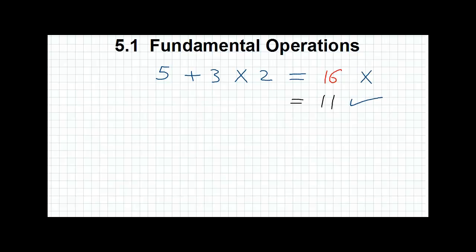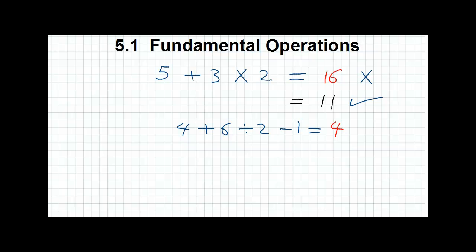We will see why. Look at this second expression: 4 plus 6 divided by 2 minus 1. What do you think the answer would be here? You may say 4 plus 6 is 10, 10 divided by 2 is 5, 5 minus 1 is 4.